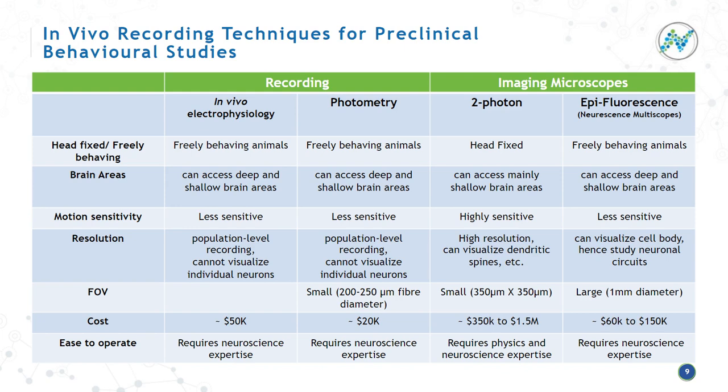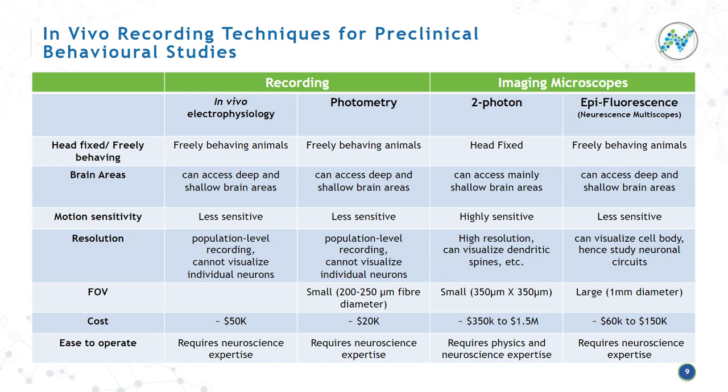This fluorescence is again the average fluorescence signal from a volume of the tissue. The difference between photometry and electrophysiology is in two things. The first is that in photometry, because the user can tag subpopulations of neurons with a fluorescent tag, you know the signal you're collecting is coming from that particular subpopulation of neurons.